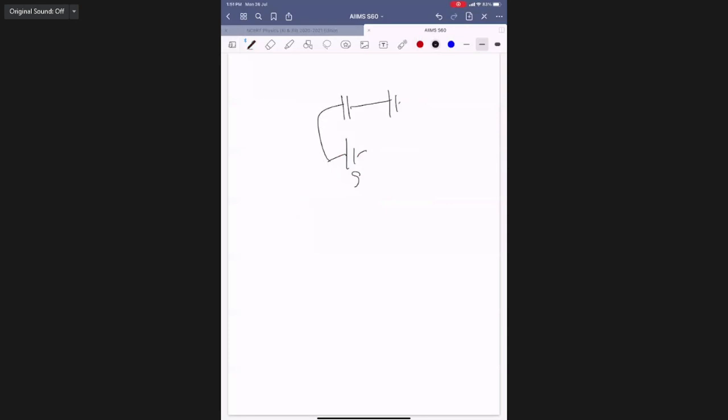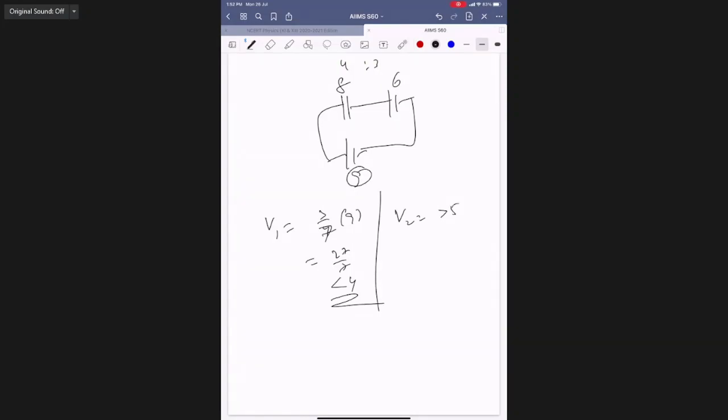Here it is 8 and 6. V1 and V2 divide in the ratio 3:4 of voltage. Then 3 by 7 of 9 is 27 by 7, which is less than 4 only, na? Yes, sir. V2 will be the total 9 minus that, and that is less than the limit.